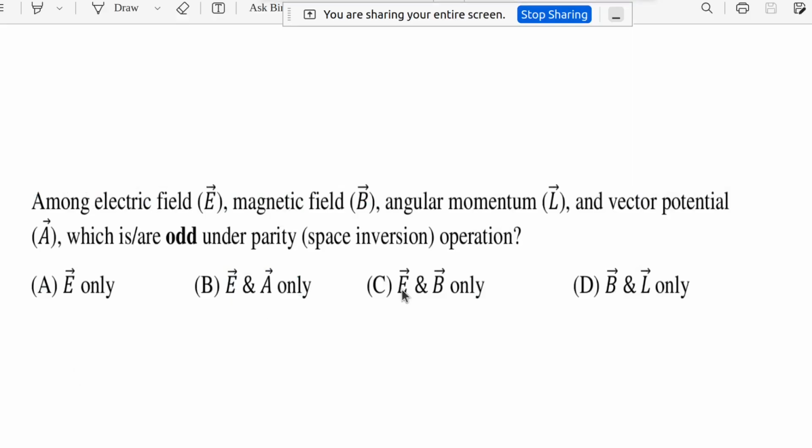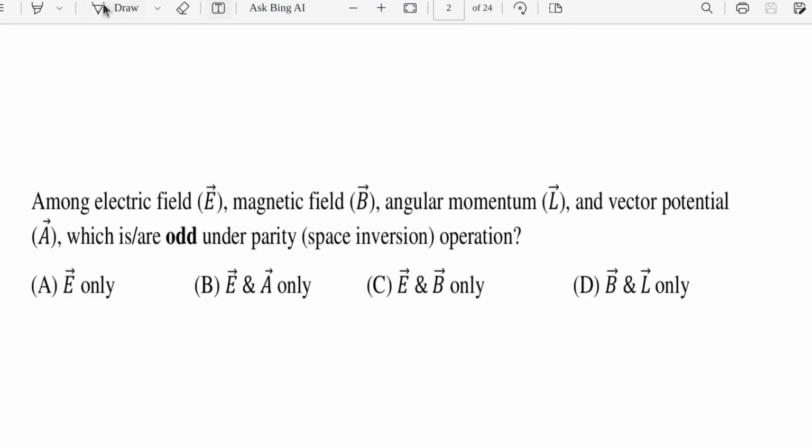Among electric field E, magnetic field B, angular momentum L, and vector potential A, which is or are odd under parity space inversion operation. So this is the question, and there are 4 options: E only, E and A only, E and B only, and B and A only.